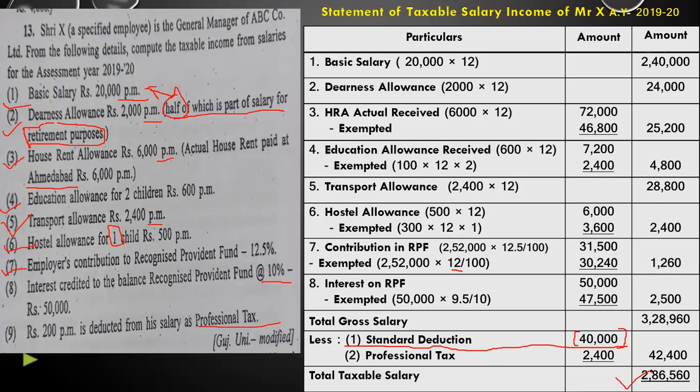So now you understand that each and every line contains conditions, like HRA, education allowance, hostel allowance, contribution, interest. Every line contains a condition. So we have to remember the rules and regulations of salary to calculate the sum properly.